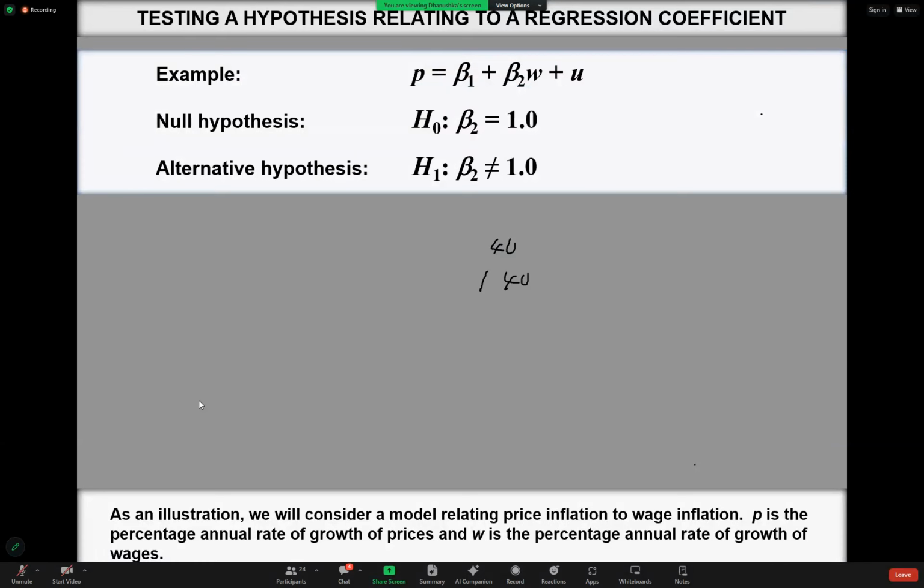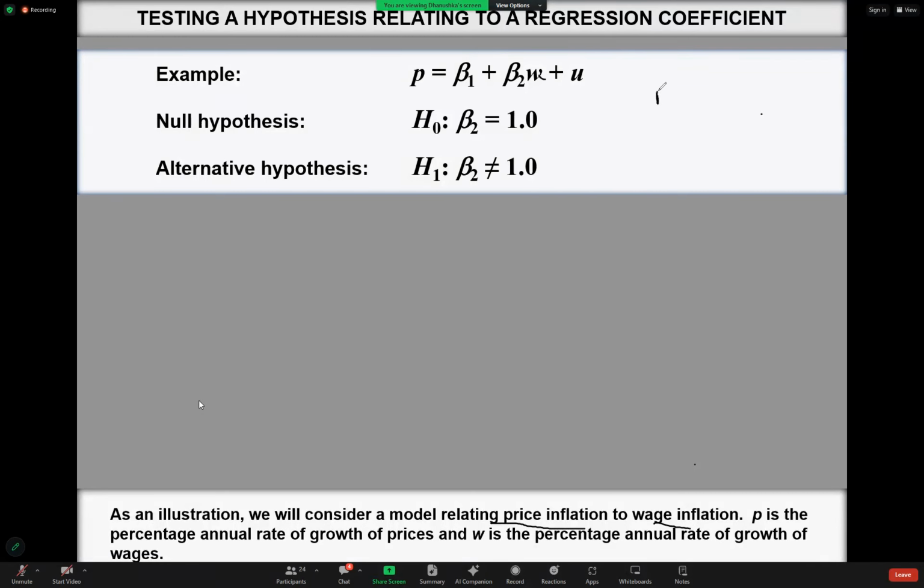Okay, then we have one example here. Let's say we have a regression line. P stands for inflation, W stands for wage.